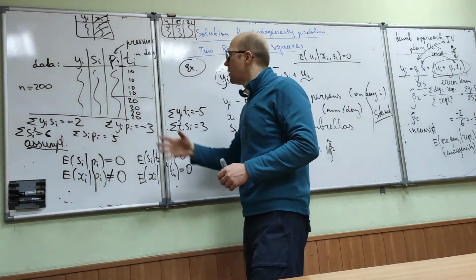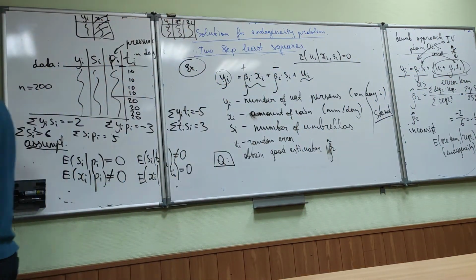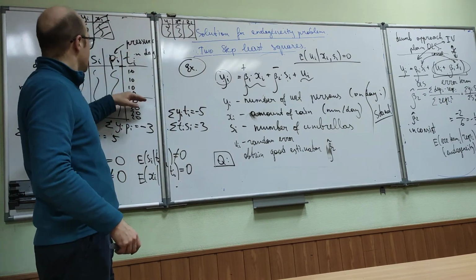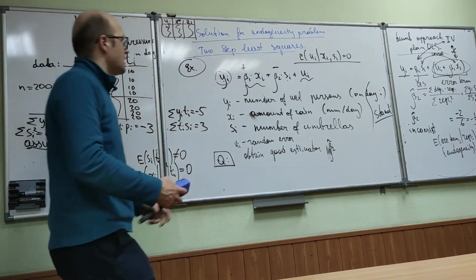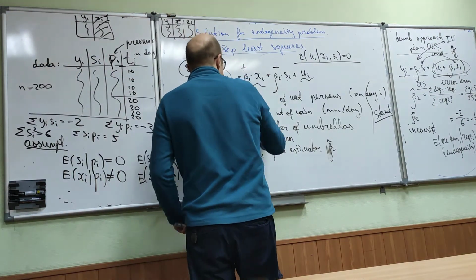Our umbrella tax is correlated with the number of umbrellas, but is not correlated with weather. We just have sanctions because of some political conflicts, and that has nothing to do with weather. So sometimes it happens, but not so often.